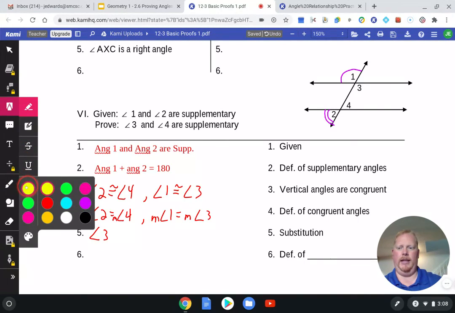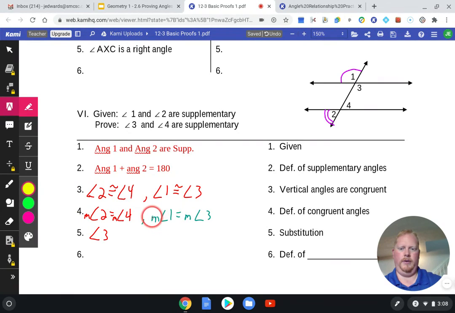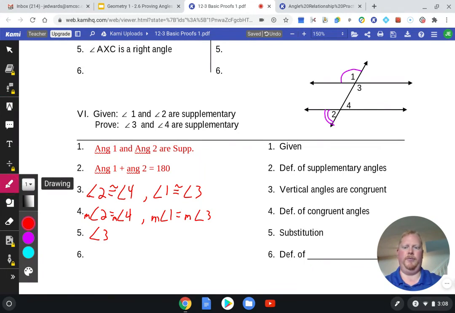Let me go ahead and highlight that. Can I highlight that? Okay, well, not going to highlight it. So what I'm saying is, I had angle 1 right here, and I know angle 3 is just as good as angle 1, so I put angle 3 in where angle 1 was.